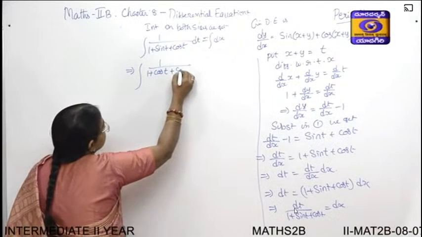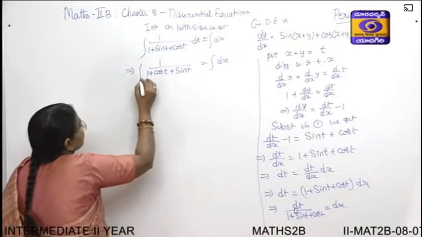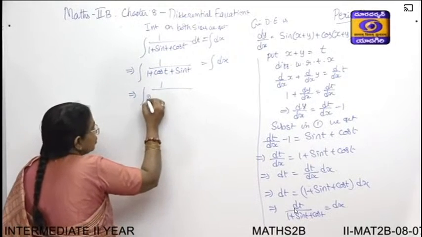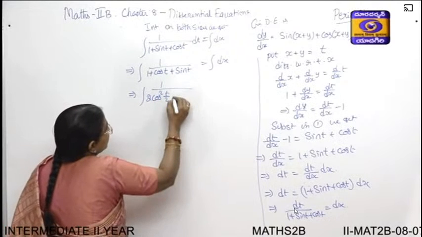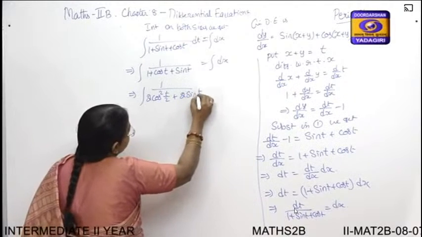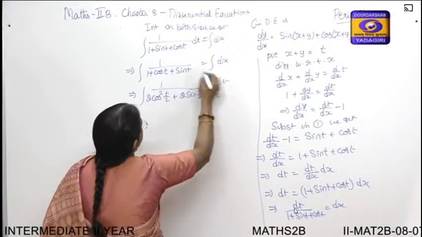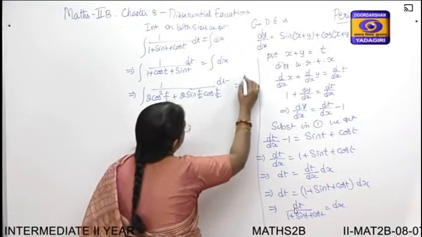We'll write 1 plus cos t plus sin t, and then we'll write 1 plus cos t as 2 cos square t by 2, and sin t as 2 sin t by 2 cos t by 2, dt, is equal to integral of dx.